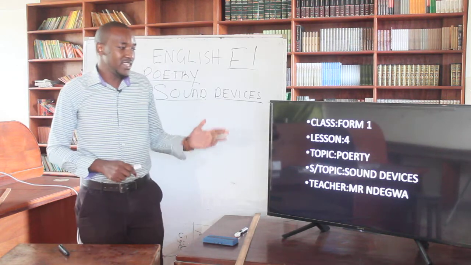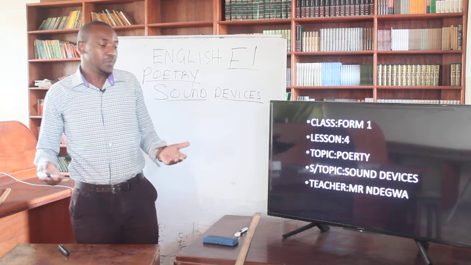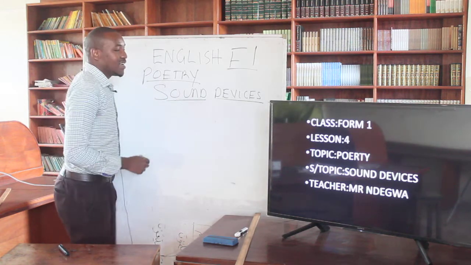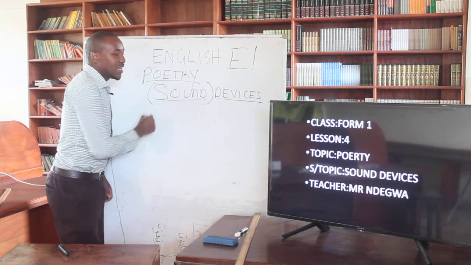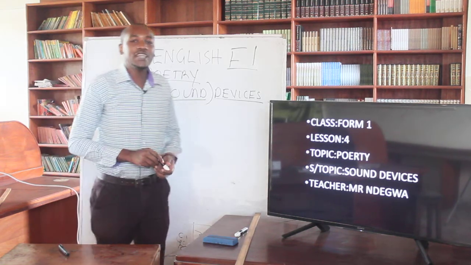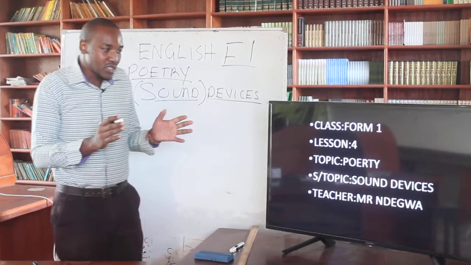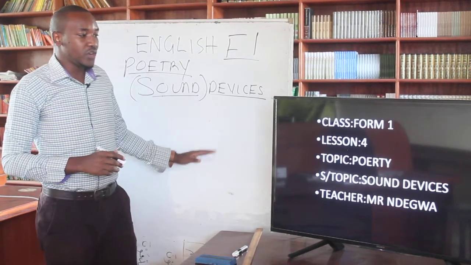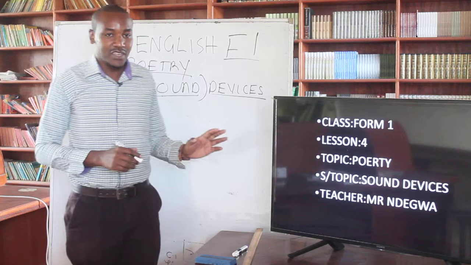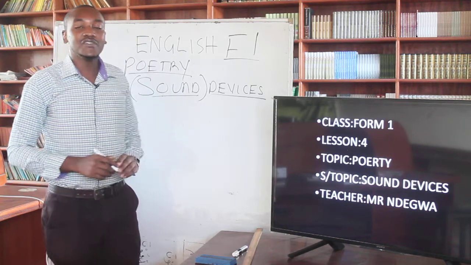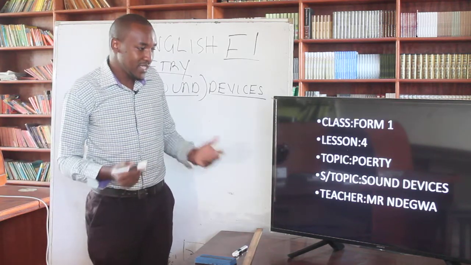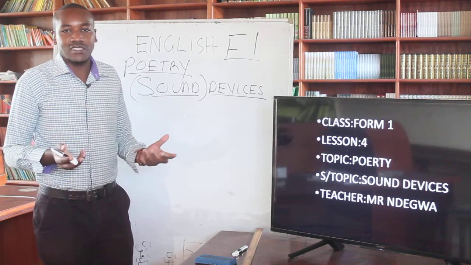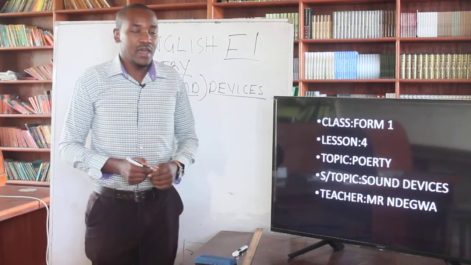Now, we say these devices are grouped into two: the sound devices, where from the word sound, we are so much interested in the sound, right? Then we have others which are referred to as the stylistic devices. And stylistic devices, we agree, illustrate more information.